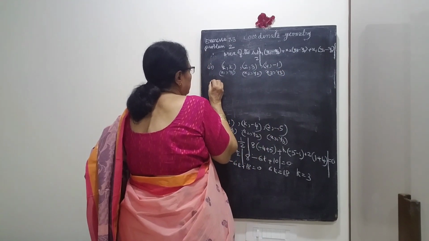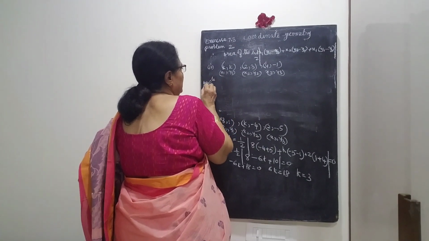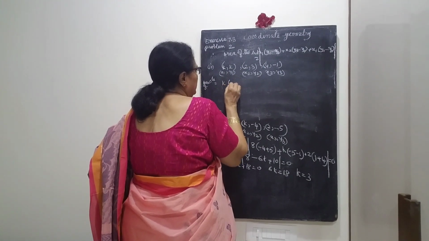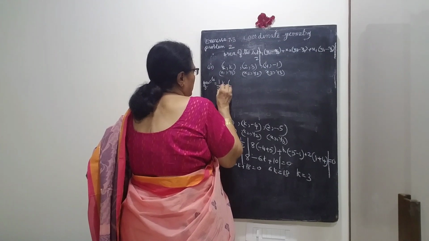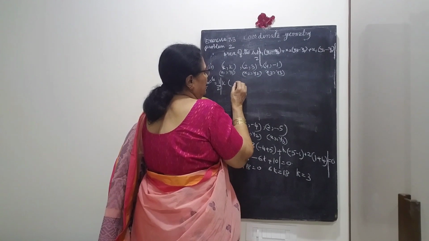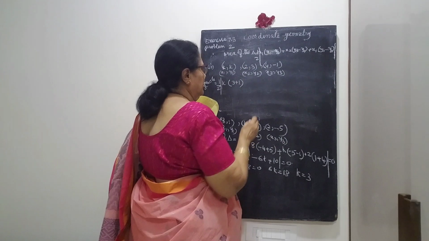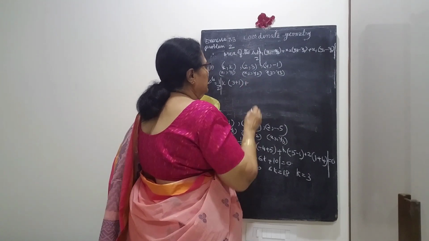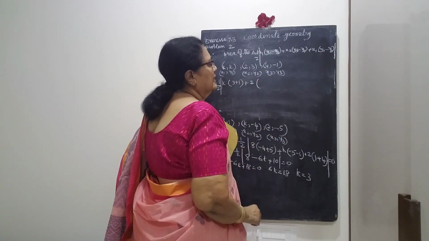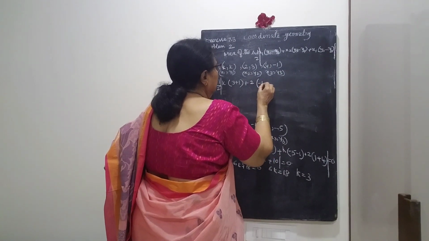Right? Now area of the triangle is x1. What is x1? k into y2 minus y3, 3 minus of minus 1, that is 3 plus 1. Plus x2 is 2 into y3 minus y1, minus 1 minus k.